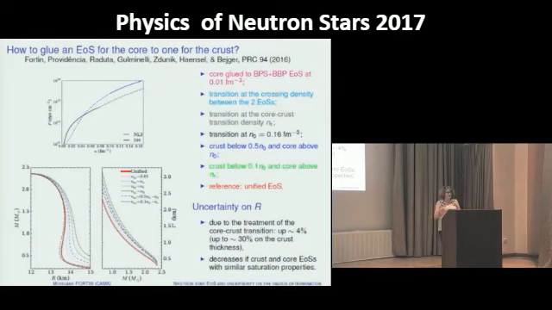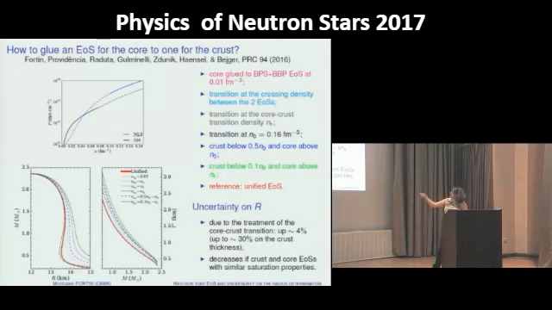This is an example here. Imagine that you want to build an equation of state based on the NL3 model, this blue line, for the core. If you don't have a model for the crust, what you have to do is to choose an equation of state for the crust and then to connect them. And this is what is plotted here.